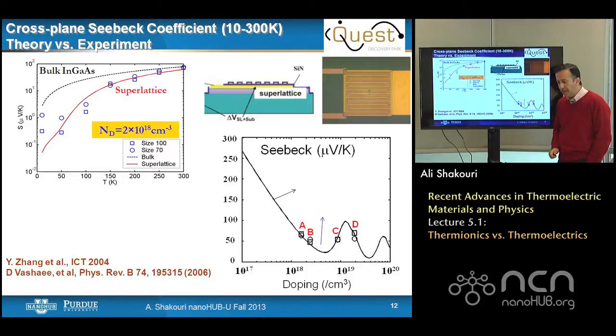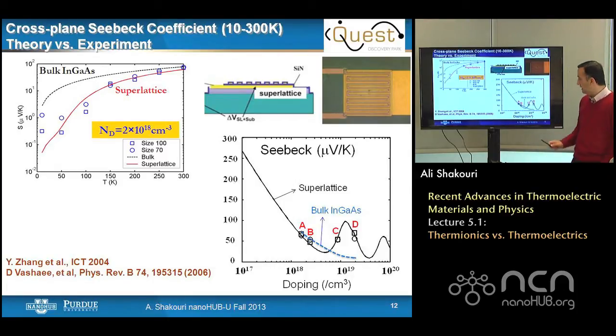And here are the doping dependencies. This is the measured Seebeck and theory Seebeck versus doping for samples A, B, C, and D. So what we have here is that the superlattice curve is a non-monotonic dependence of Seebeck versus doping. For any bulk material, you increase doping, Seebeck goes down monotonically.